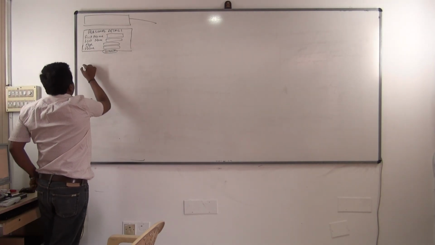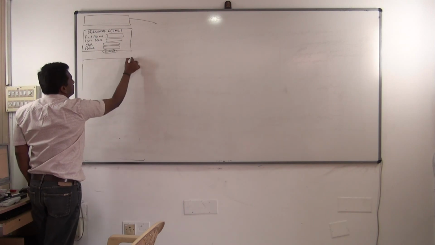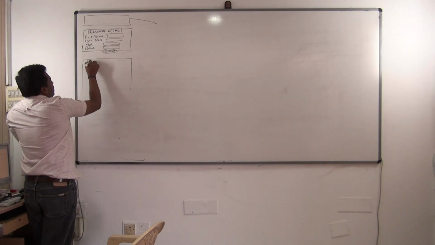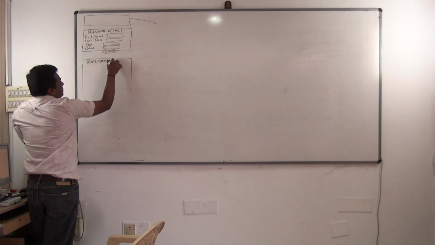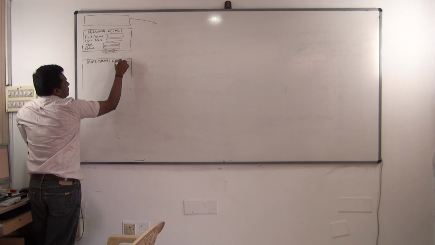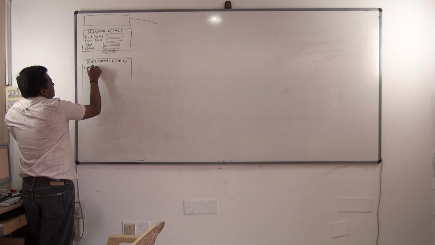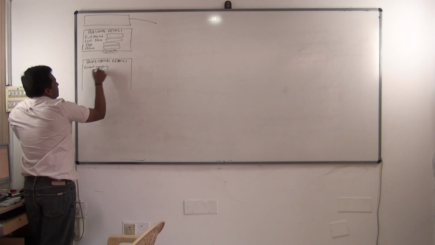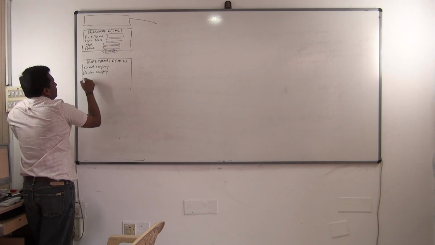So once he clicks this, then the next page would come, which will ask the user to enter professional details. Professional details would be current company, previous company, current salary, expected salary.